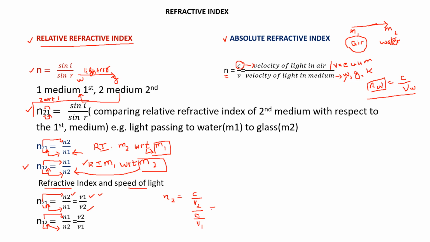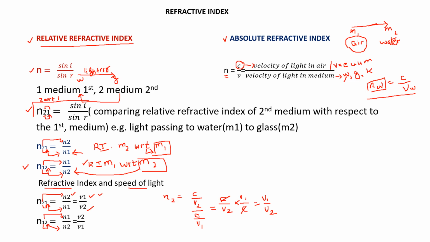Then just reciprocate C upon V2, and this will become V1 upon C. So this C will get cancelled, and this is how you are getting V1 upon V2, velocity of light in medium 1 upon the velocity of light in medium 2. This is how we have derived this formula.